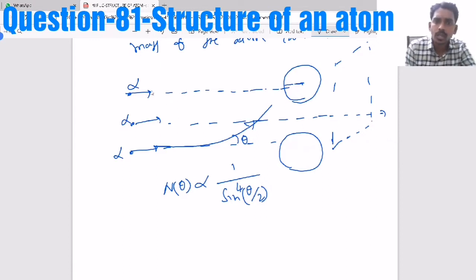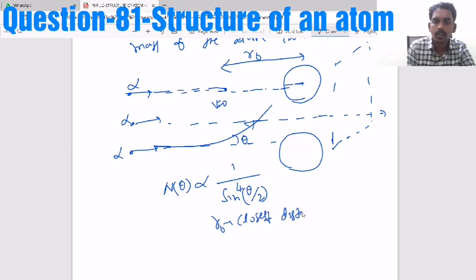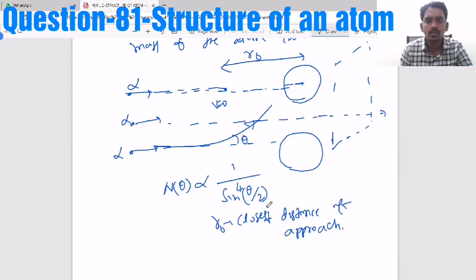And those coming exactly toward the center come up to a certain distance and their velocity becomes zero. That is called the closest distance of approach. R naught is called the closest distance of approach.